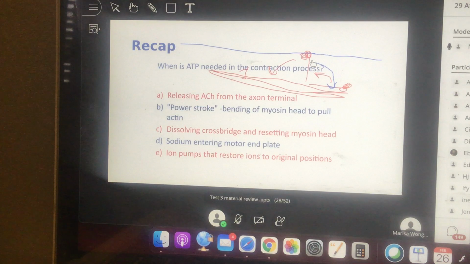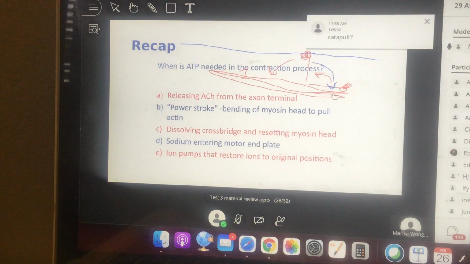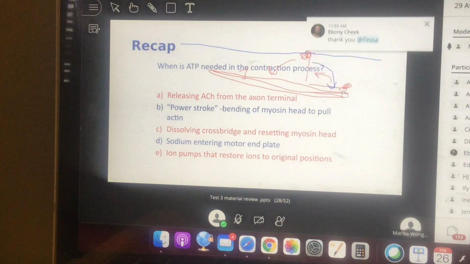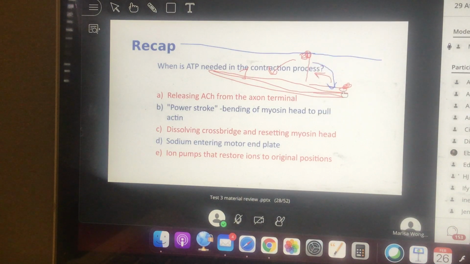So when you think about myosin that way, all of the energy has to go into loading it. Yeah, catapult is a good word for it. And the ATP is used to pull it down and load it and reset it into that ready position.